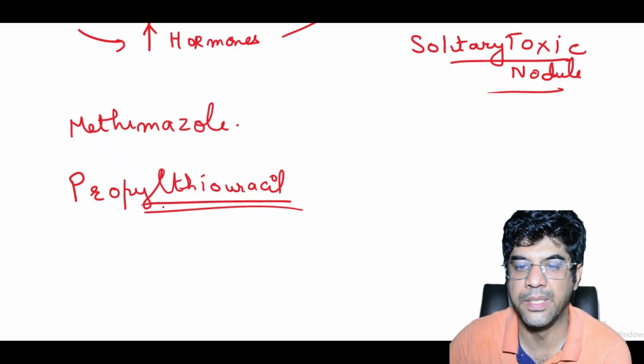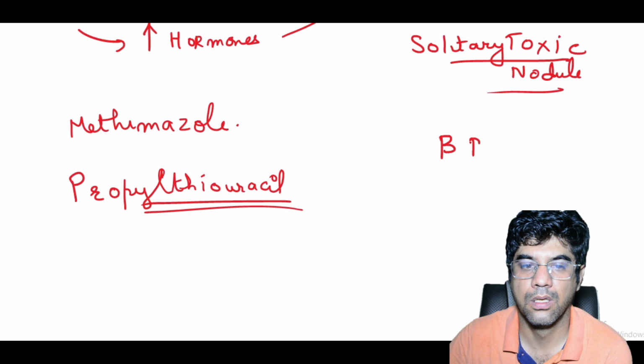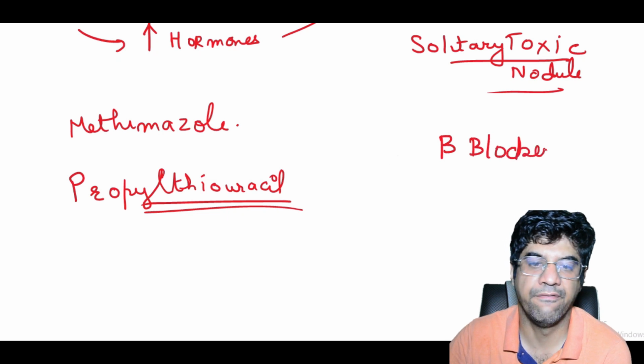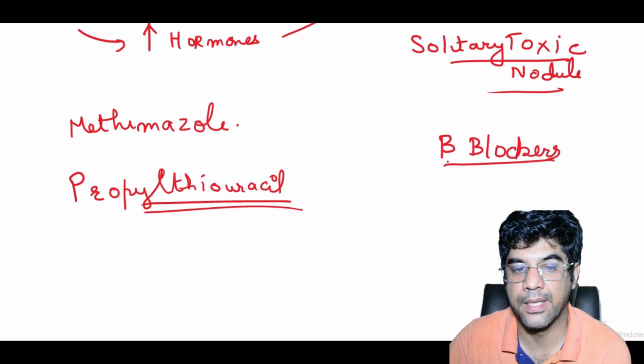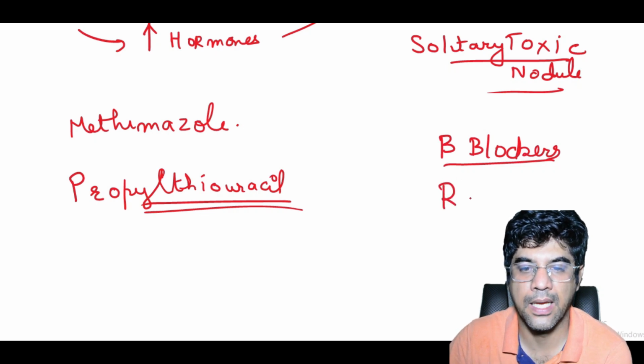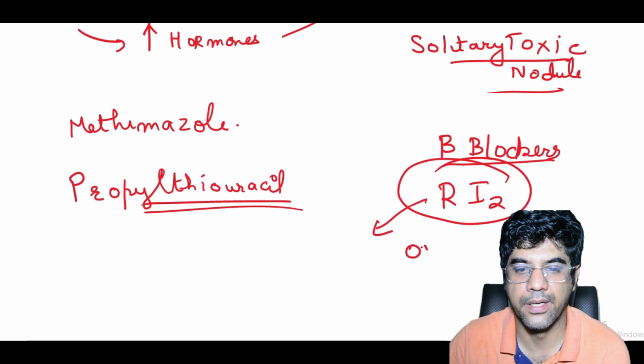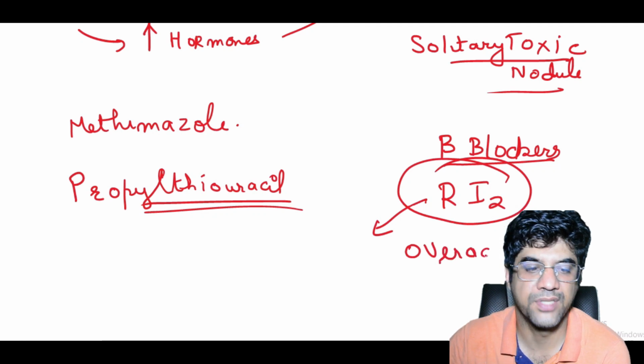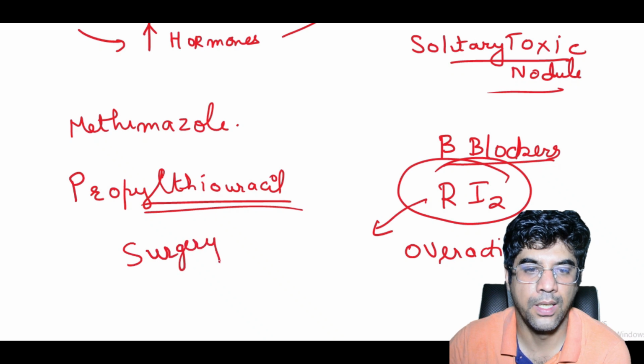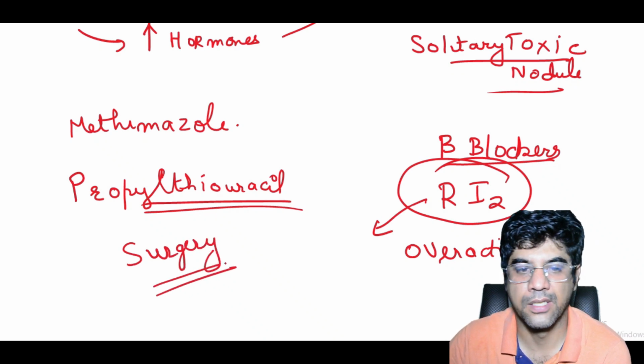Apart from that, you can give beta blockers if the patient is suffering from signs like palpitation, tremors. Radioactive iodine therapy can be given to destroy the overactive thyroid tissue, or surgery could be performed, either partial or total, in case of large goiter.